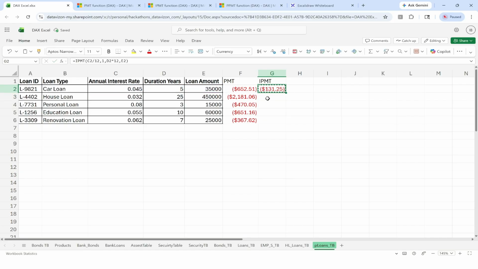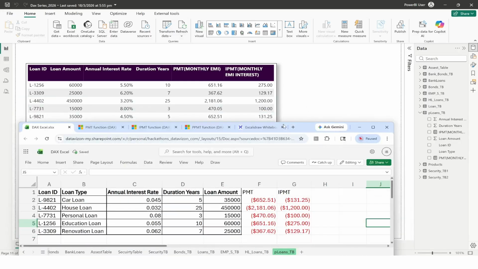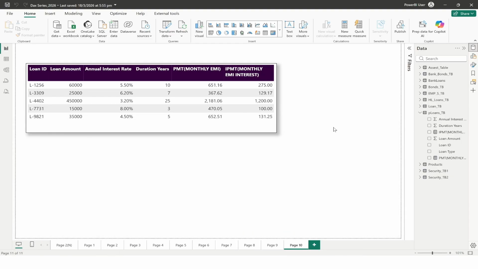Now let me apply the same further. So let me expand this. Now let me go and cross verify. So loan 9821 131, 4402 1200, 7731 100 rupees, 1256 275, 3309 129.17. See, the values are exactly matching.